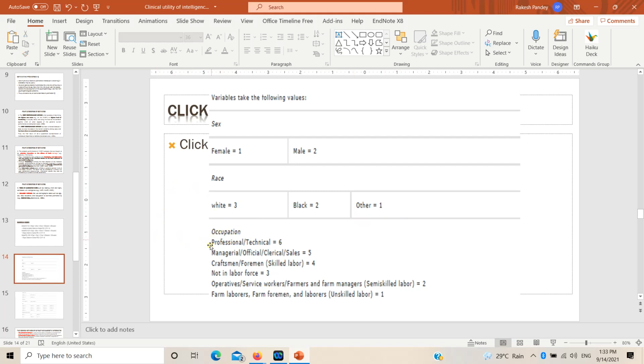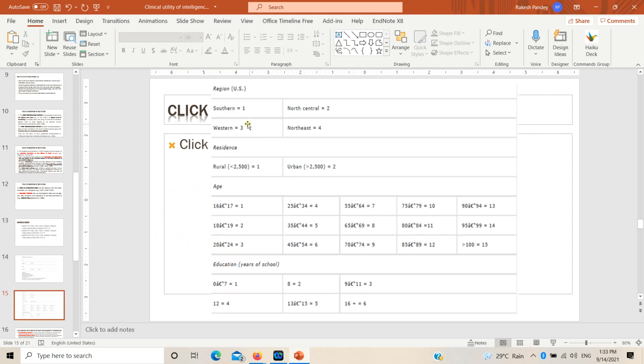Similarly, occupation: professional, technical, and so on. These are just for you to see. Then region: if you are living in the southern part of the US, then 1, western part of the US 3, north central 2, and northeast 4.